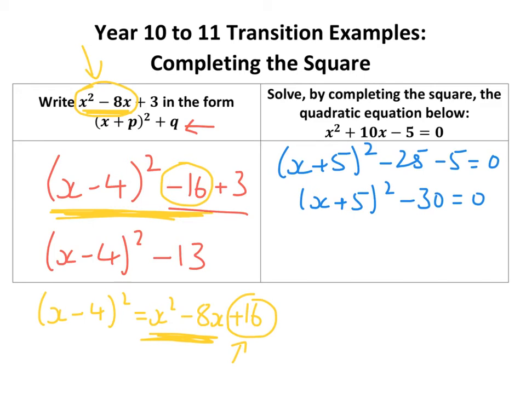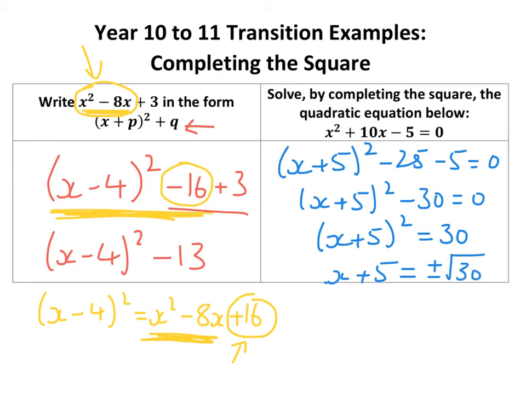Now that means I can leave my answer in that form normally. So now I'm going to go like this, equals 30. I'm then going to square root, and we know with a quadratic we should get 2 answers, and this is how we get 2 answers. When we square root, we get plus or minus root 30.